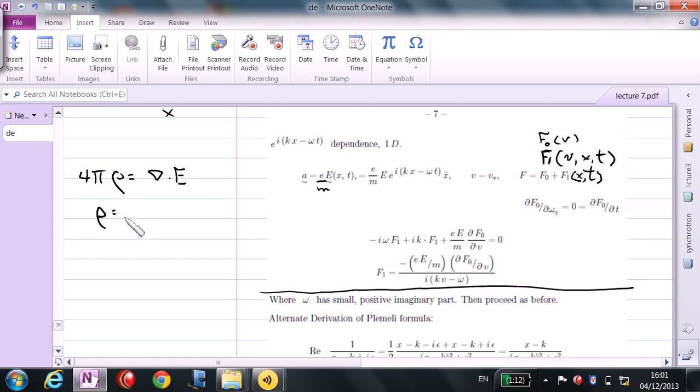Rho is equal to rho 1 because the net charge in the unperturbed plasma was 0. And this is equal to e n1, and this is equal to e times n, N0?